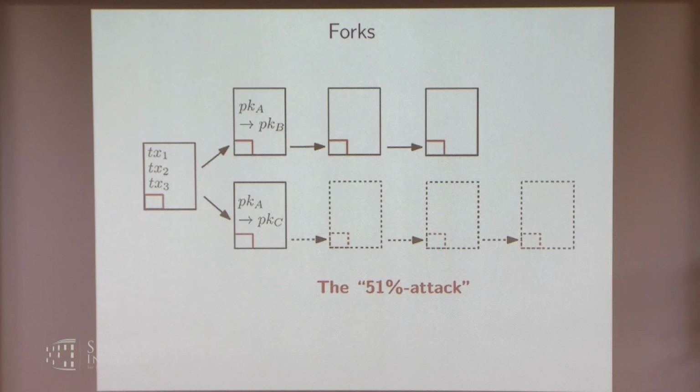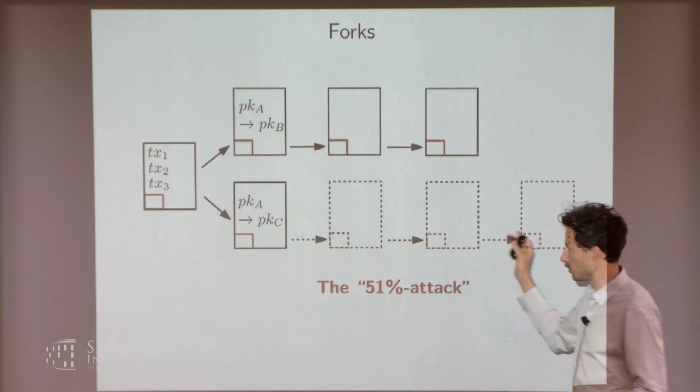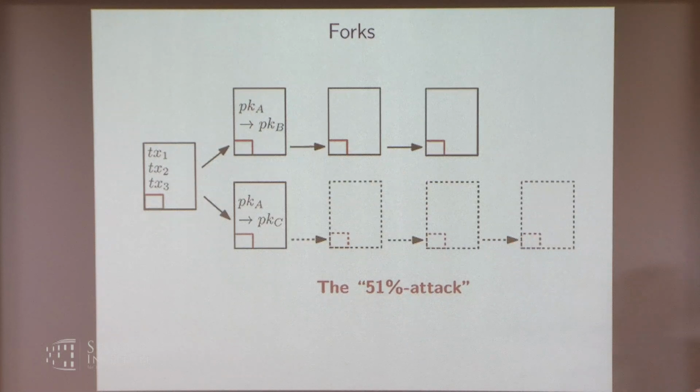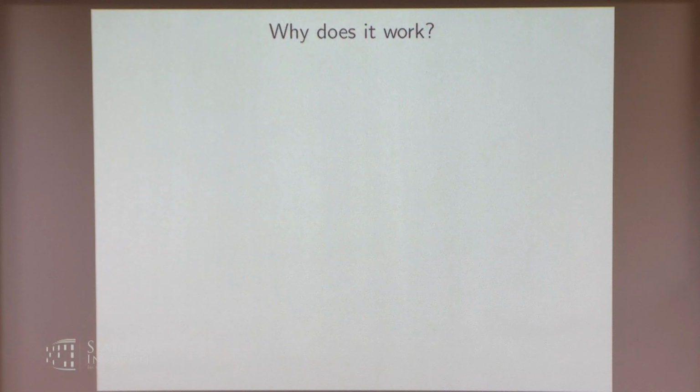I know you can argue with this, but I just wanted to quote it. Yeah, I agree, because you're trying to undo the transaction. Maybe it should be called a 51% crime.